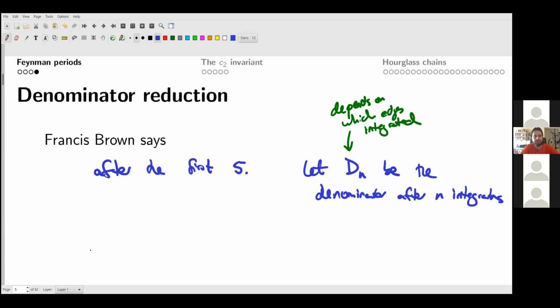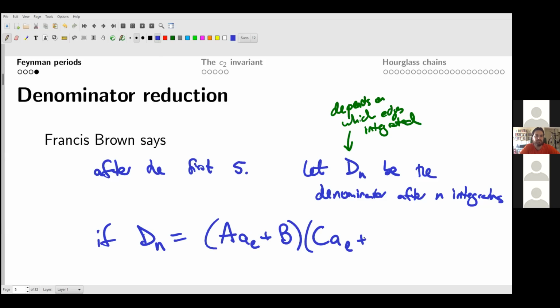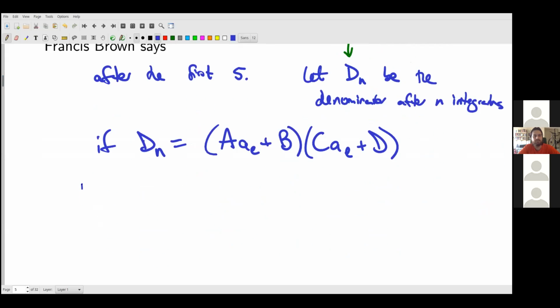So what happens? If dn looks like this, a and then some polynomial in the variable ae, and it actually factors, not necessarily into a square, to something like this, then dn plus 1 is ad minus bc.